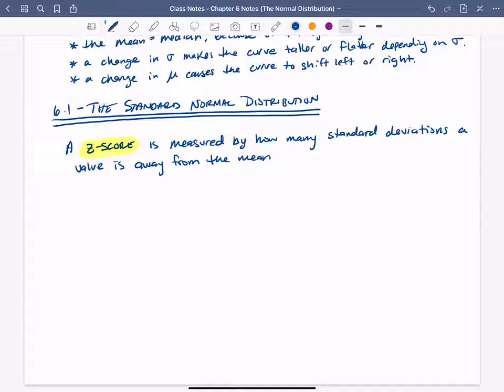And to talk a little bit more about it, it'll go above the mean, and in our visual approach, it means that it goes to the right. And if it goes to the right, it has positive values.